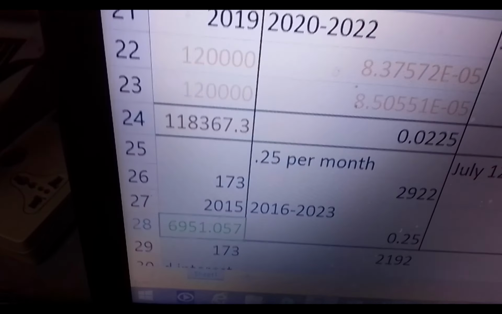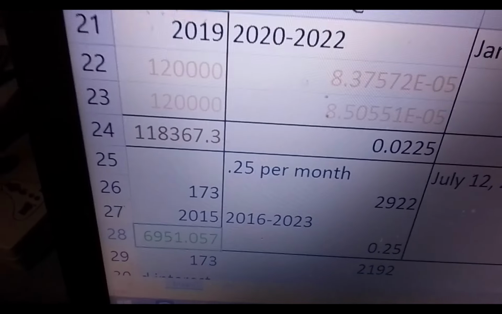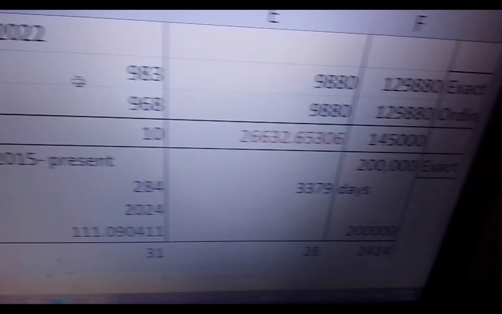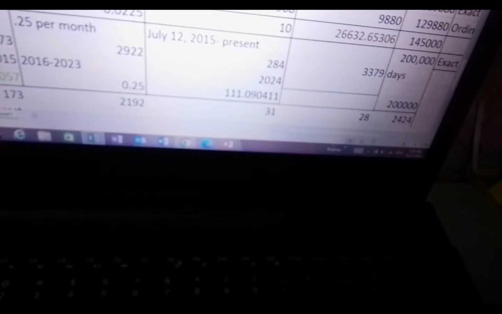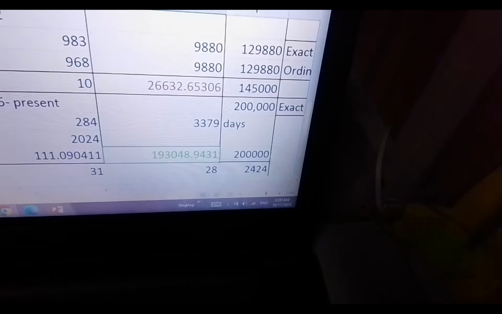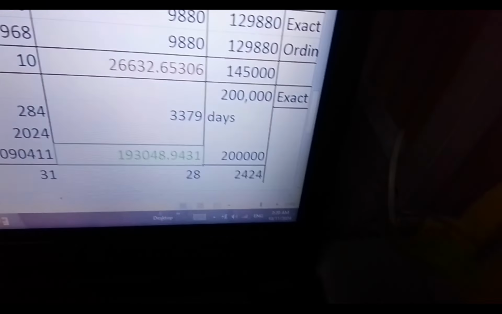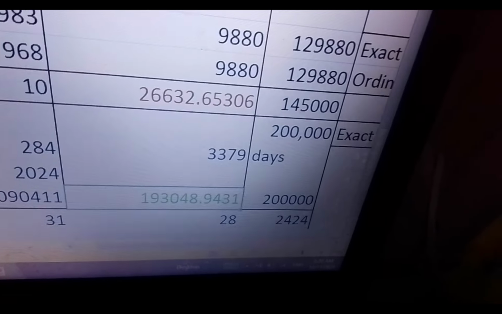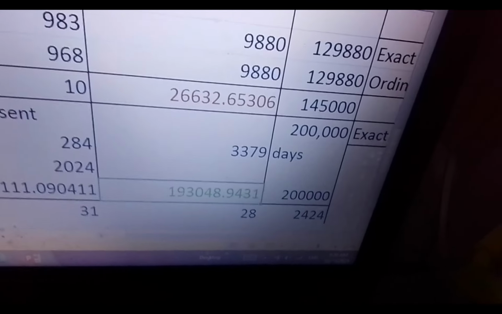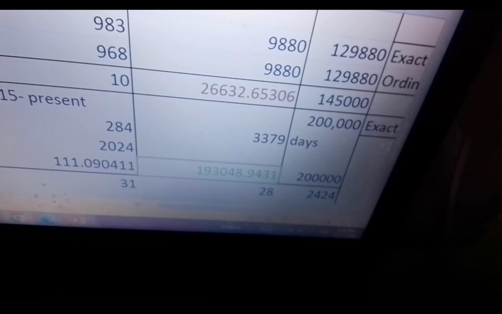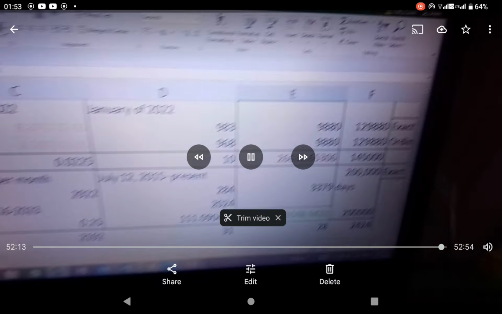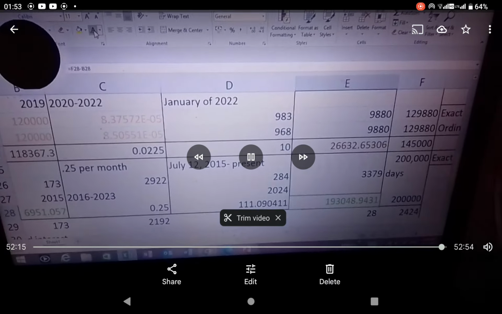Dito yung future value, F28: 200,000 divided by 1 plus the product of the two. Okay? And the answer is 6,951.05 pesos. That is my principal that I had during the time at 2015.